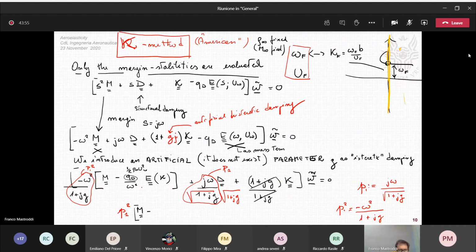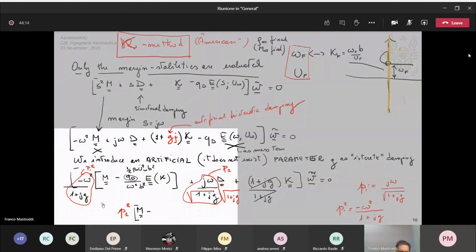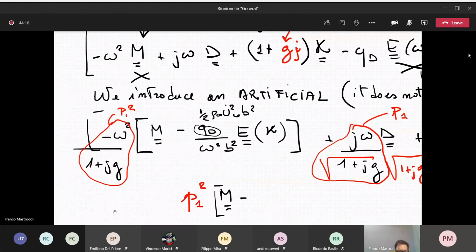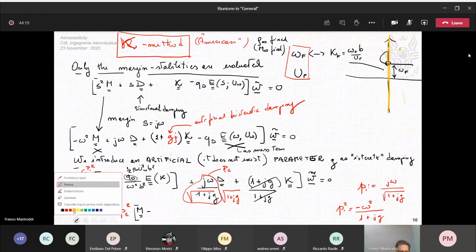and therefore if you consider this qd like 1/2 rho by u infinite, instead of this, you have that this omega square multiplied and divided by b square should give a reduced frequency here, like this.